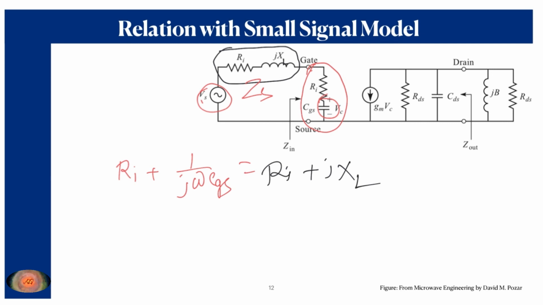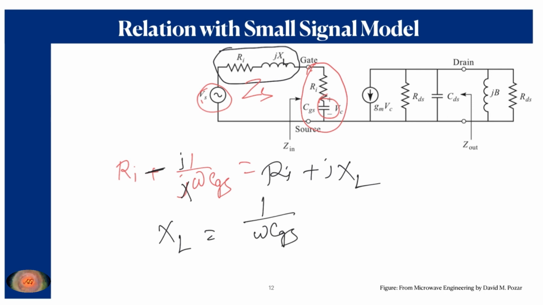Since the conjugate matching is to be done, if you bring this j over here, then this becomes minus, and that will make XL equal to 1 over omega CGS.